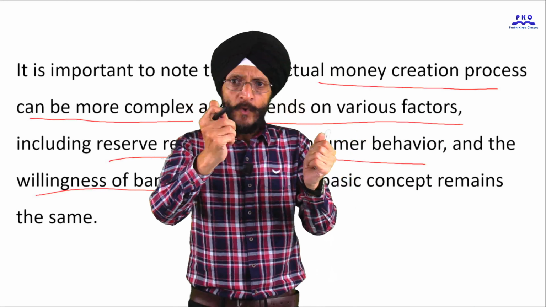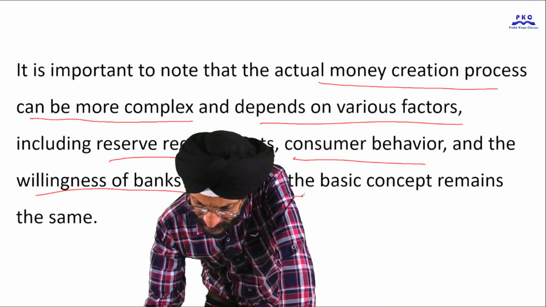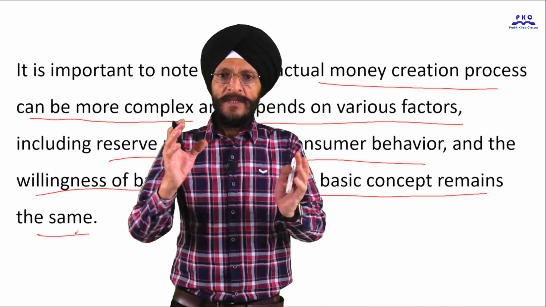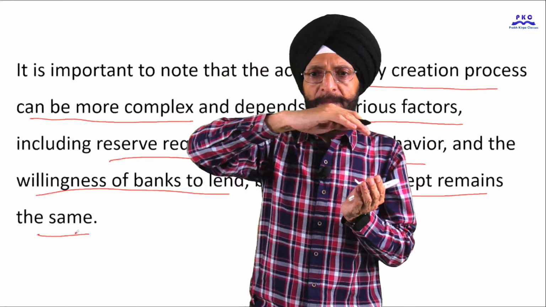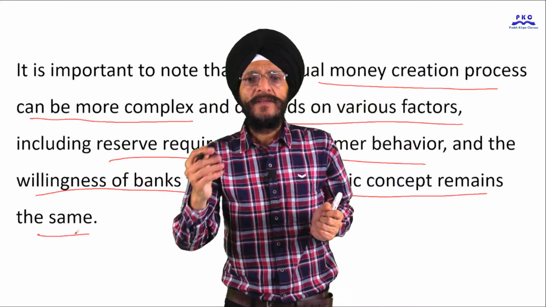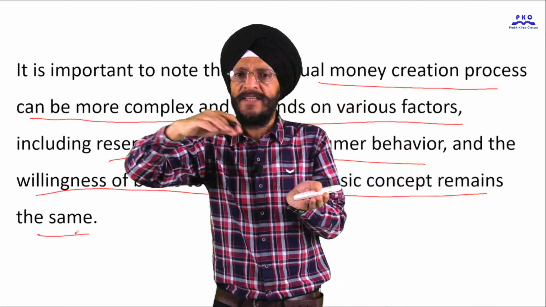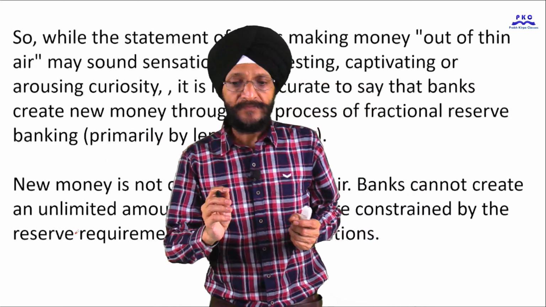They may hold their purse strings tight while giving loans. But the basic concept remains the same. Though the banks give loans and create money in the economy, this action of giving loans and increasing money supply is affected by many factors.